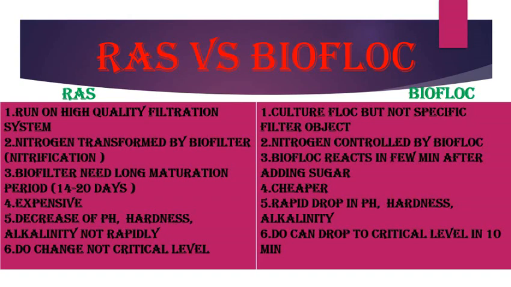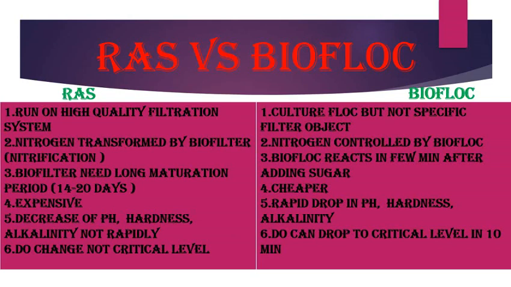In the RAS system, pH, hardness and alkalinity decrease, but not rapidly, whereas in the Biofloc system there is a rapid drop of pH, hardness and alkalinity, because the RAS system is more controlled than Biofloc. In the Biofloc system you have to control it yourself, but the RAS system is more controlled because we use automatic machinery.